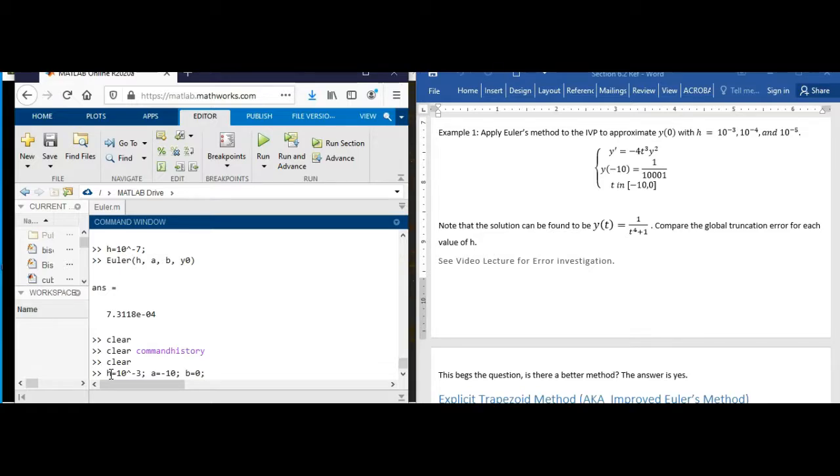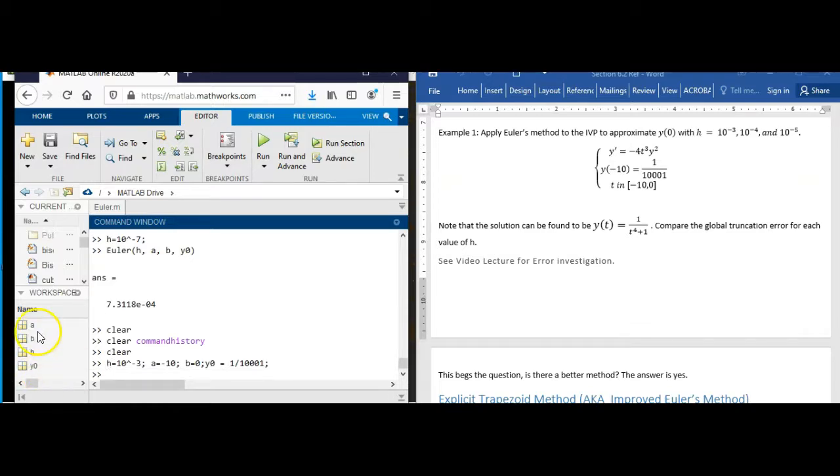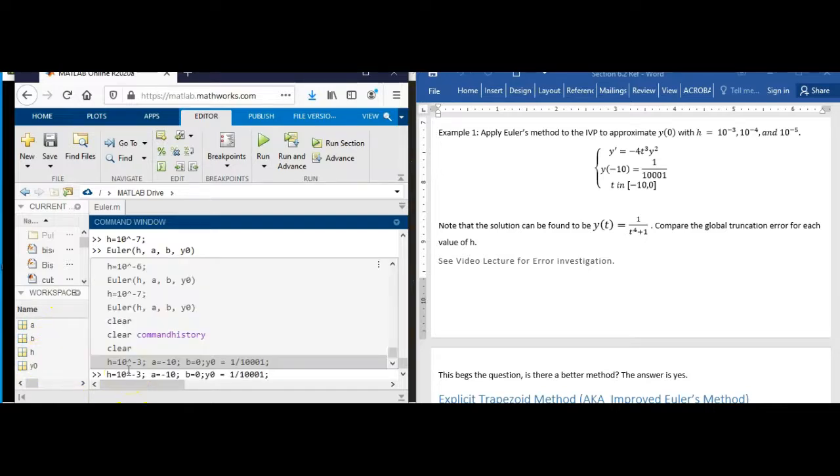And y naught is the value of the initial condition, so 1 over 10,001. So here you can see my values have been defined in my workspace, so we can run Euler.